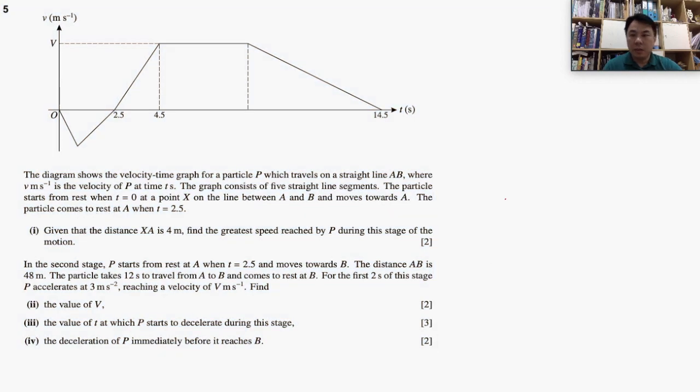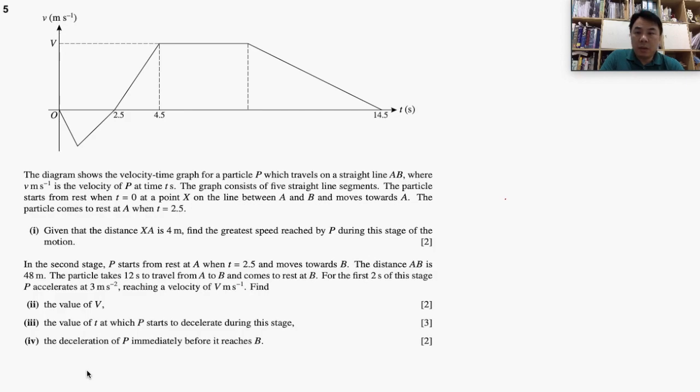Okay. All right. Now we are given a velocity time graph. Now this diagram shows the velocity time graph for a particle P which travels on a straight line AB, where v is the velocity of P at time t. The graph consists of 5 straight line segments.